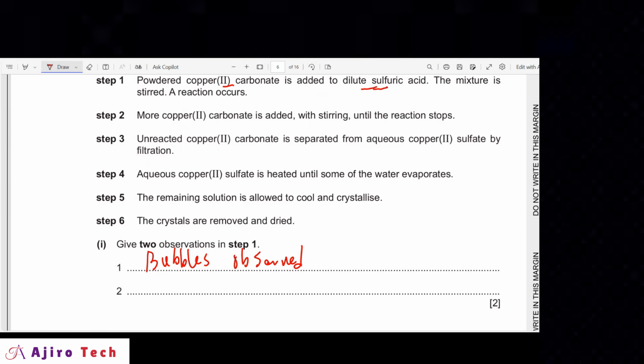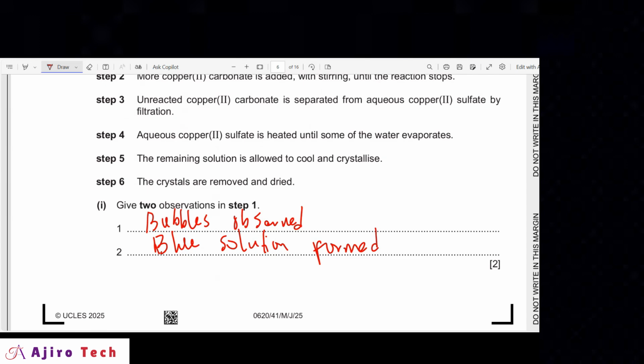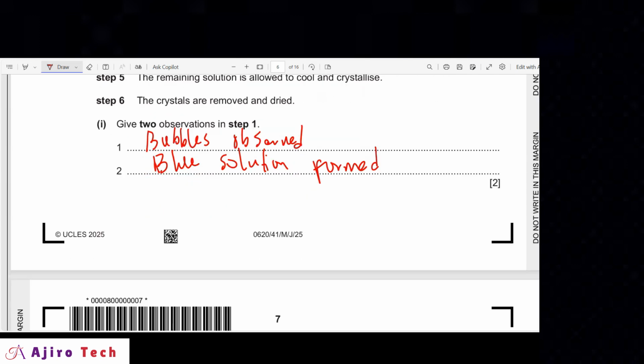Another thing you're going to observe is, since you're forming copper sulfate, a blue solution formed, and that is copper(II) sulfate. So these are the observations you could have. Another observation could also be that the solid dissolves. That could also be the third observation you could use there.